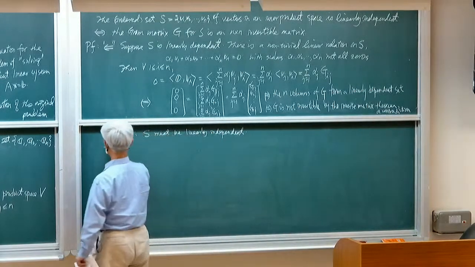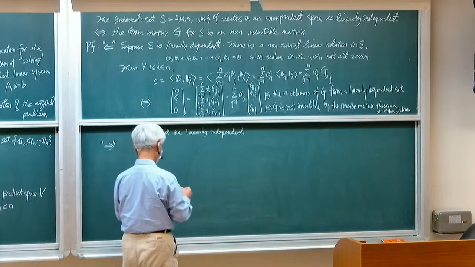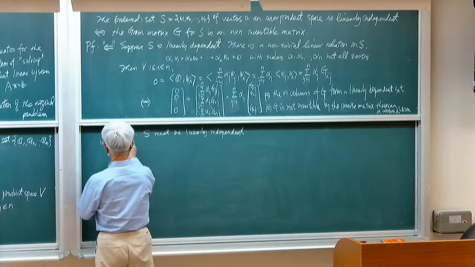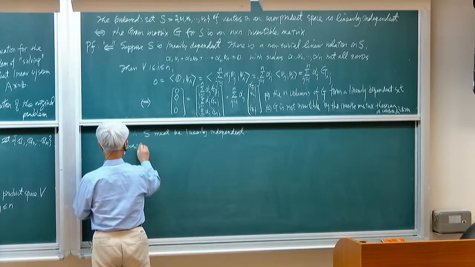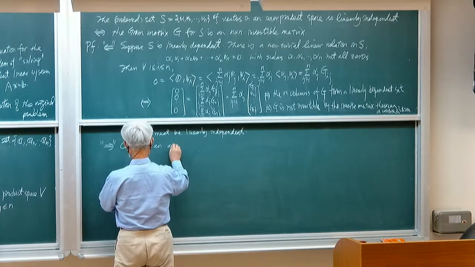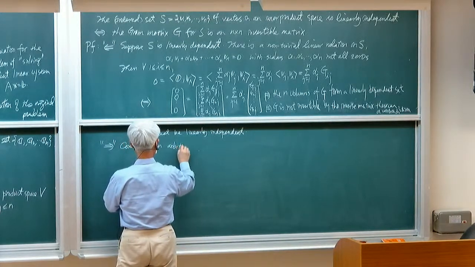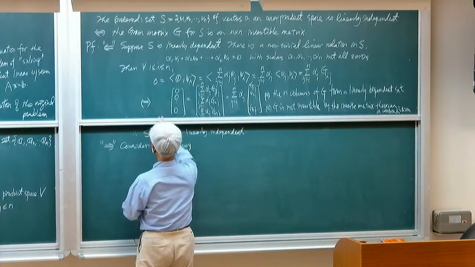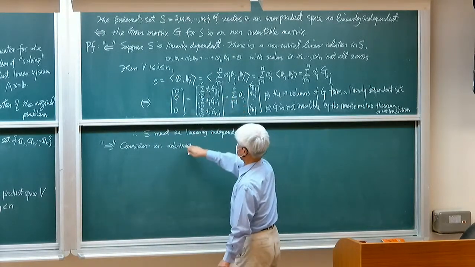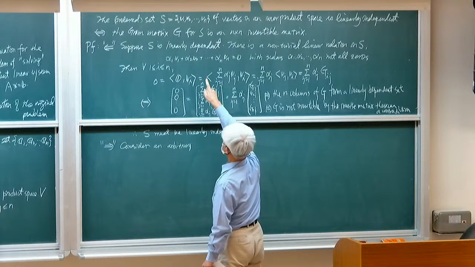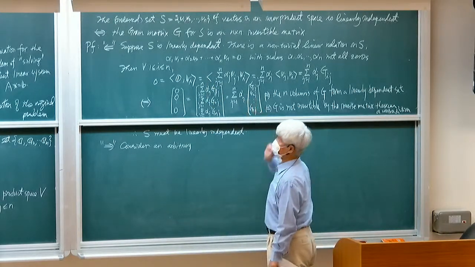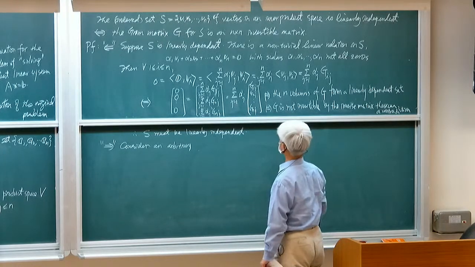Now the forward direction here. So now S is the linearly independent set, right? The forward direction means that if X is linearly independent, we want to prove G, the Gram matrix, is invertible.